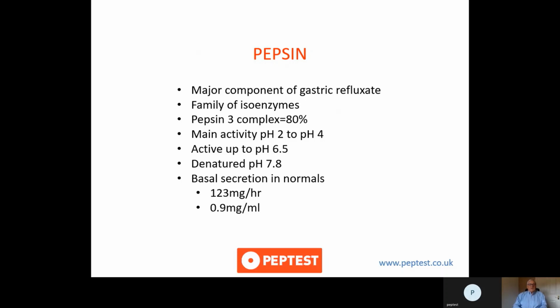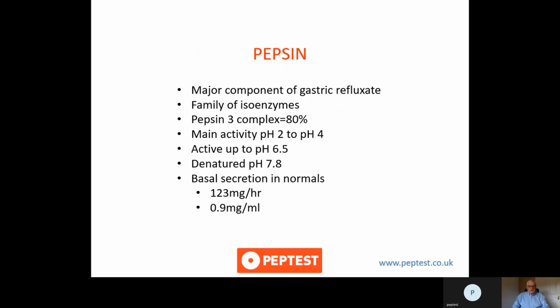The main activity of pepsin is in the acidic environment, pH 2 to pH 4, where both pepsin and acid are active. But pepsin itself is active up until pH 6.5 and not actually denatured until it reaches pH 7.8.